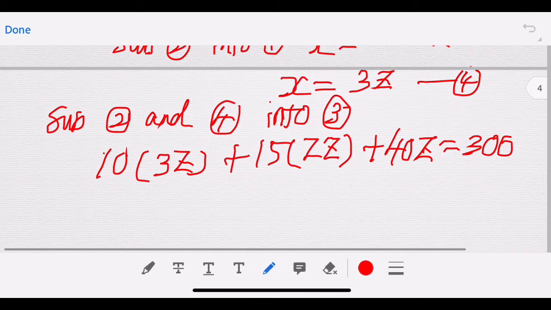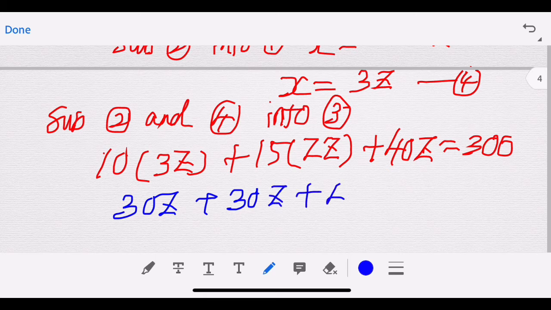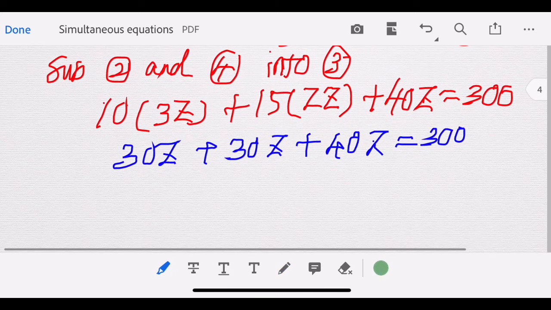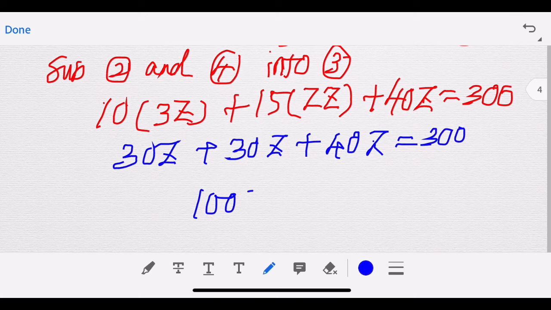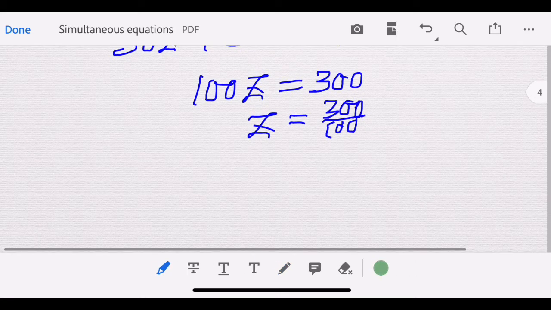We have how many z here? 30z plus 30z again plus 40z equal to 300. That means 100z is equal to 300, right? So hence the z is just 300 divided by 100. So the z is 3.